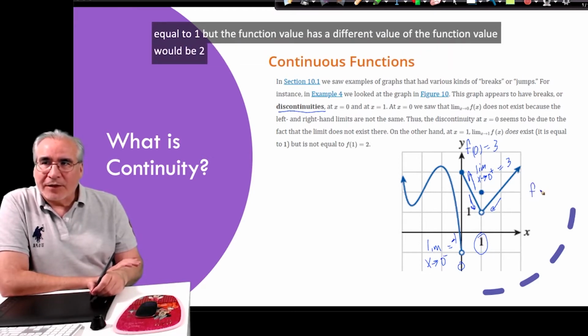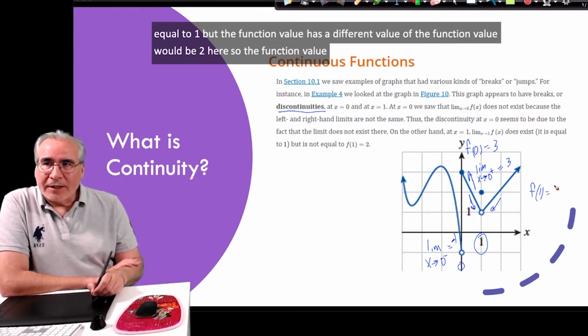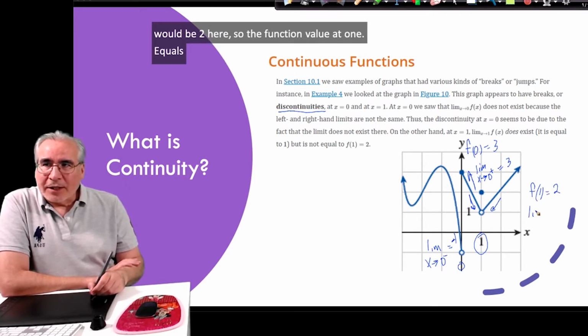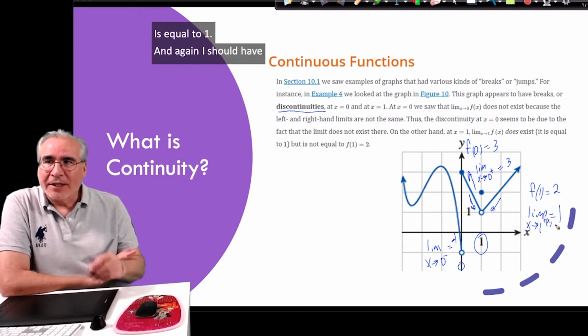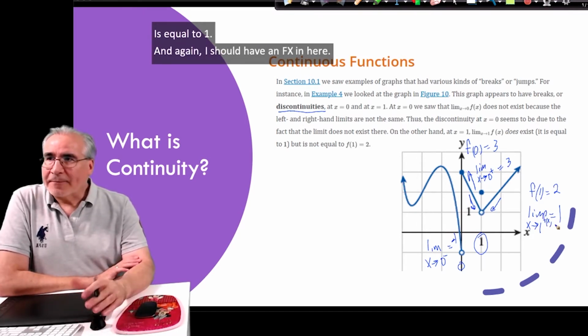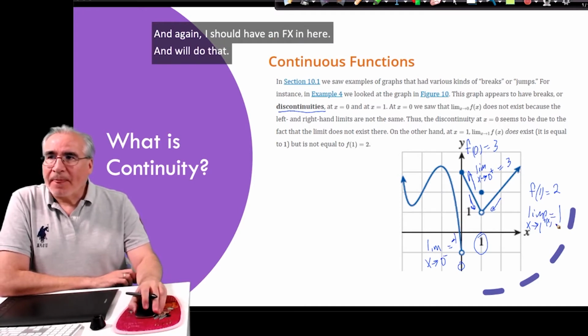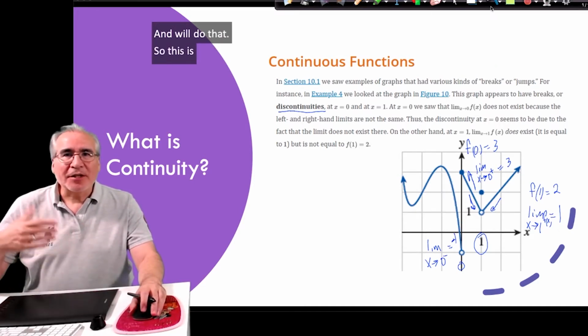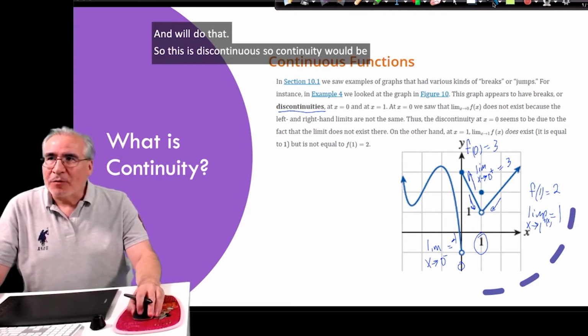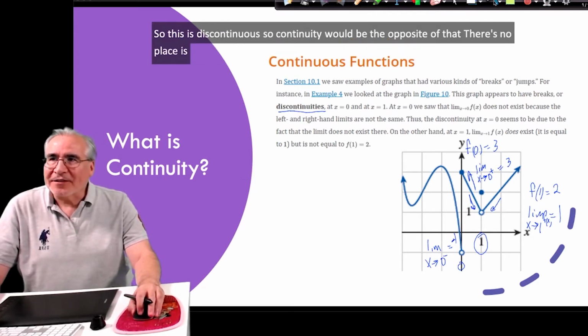So the function value at 1 equals 2, but the limit as x goes to 1 is equal to 1. And again, I should have an f of x in here, and we'll do that. Okay? So this is discontinuous. So continuity would be the opposite of that. There's no places that look like this.